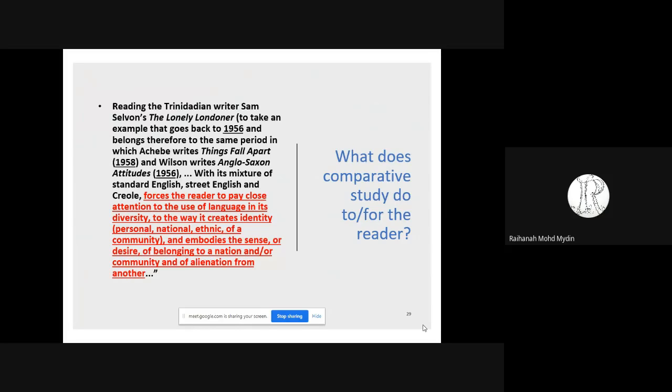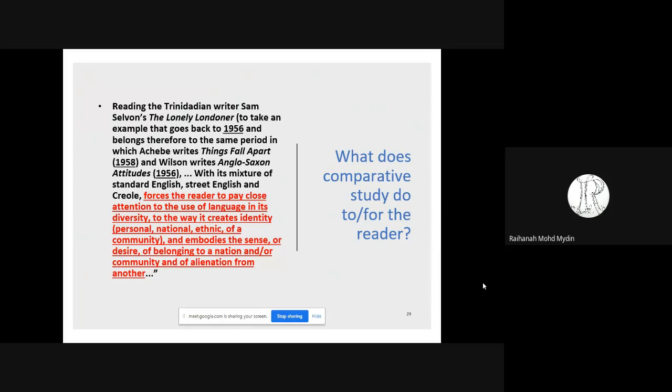So the point of this is that you as the reader, you get to play around with this mixture of text. You can bring in text from various situations and locations, and you may be able to justify why these texts are comparable, okay, with a clear sense of operational definition of what is comparative literature and how comparative literature should be executed.